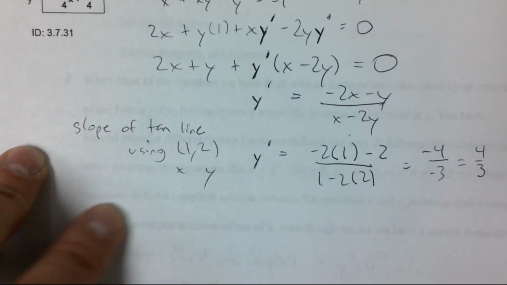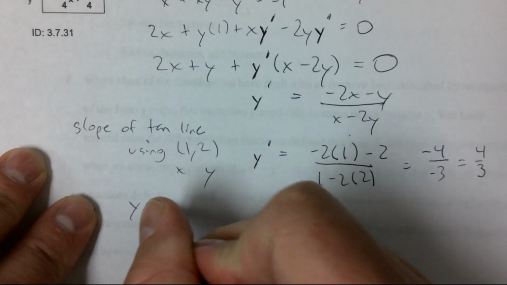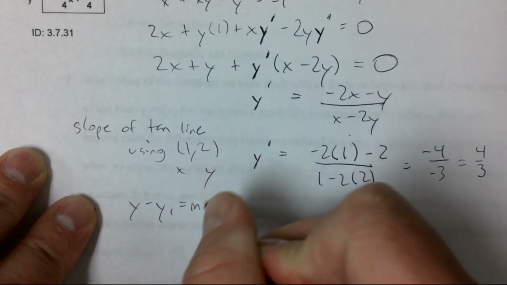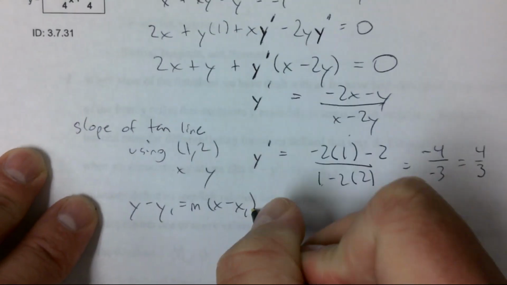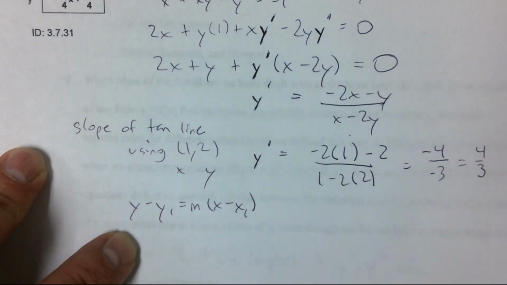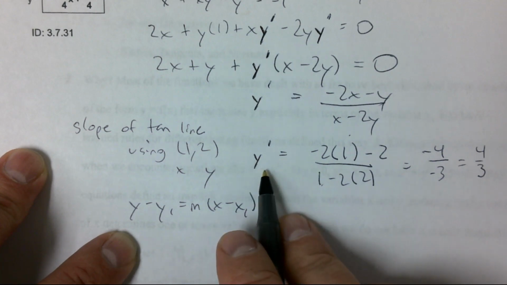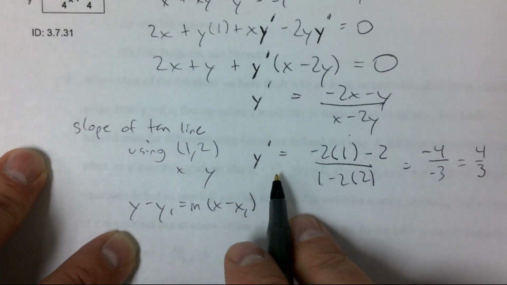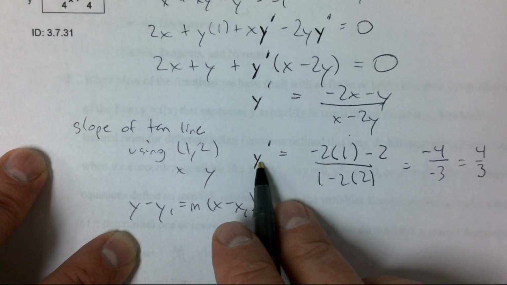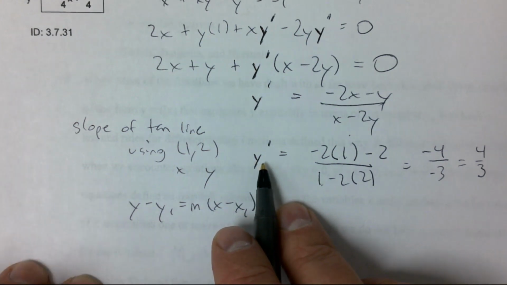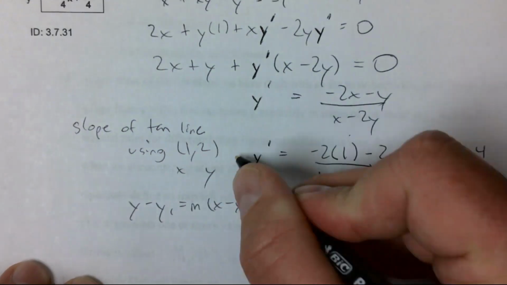So now you want to use your point slope form. And remember, the concept is that the y prime is the slope. The slope is y prime.